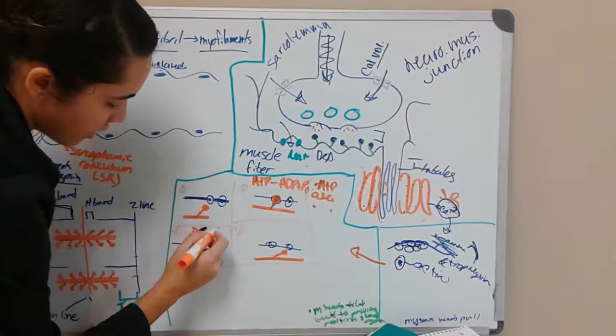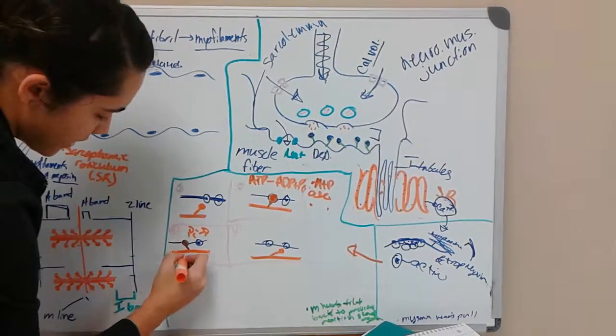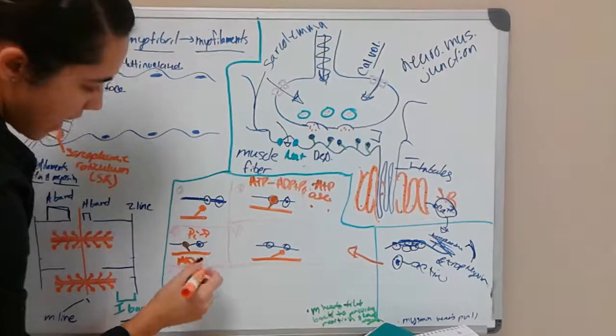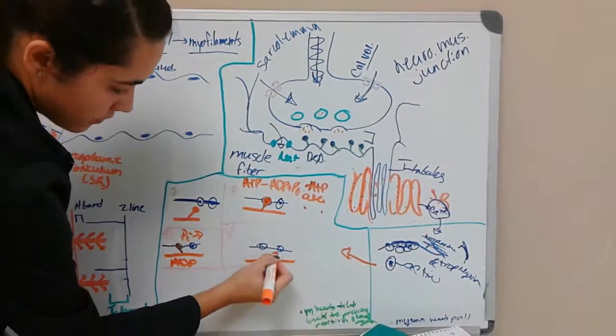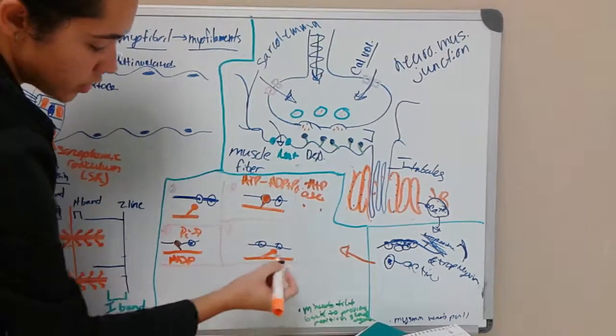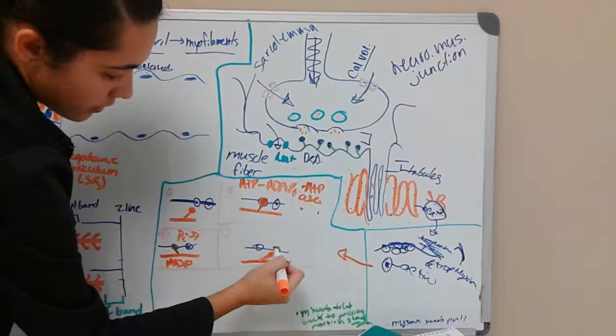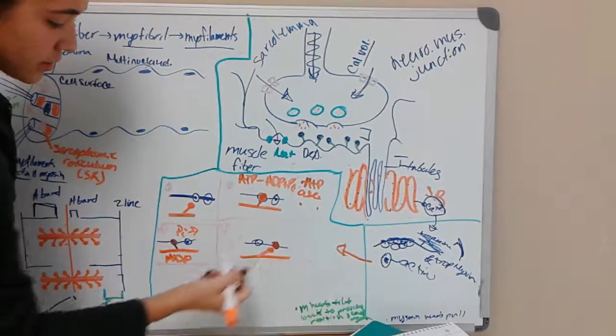At this stage, inorganic phosphate has been released, and all we are left with is ADP. Then when ADP is released, the myosin head, the globular head, goes back to its resting position to grab onto another binding site and complete the process all over again.